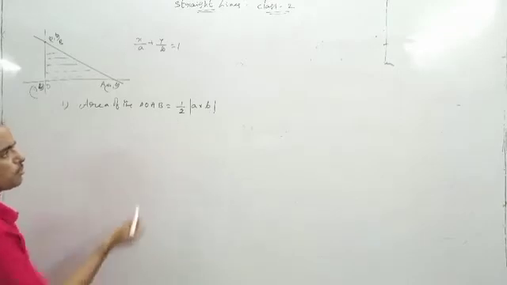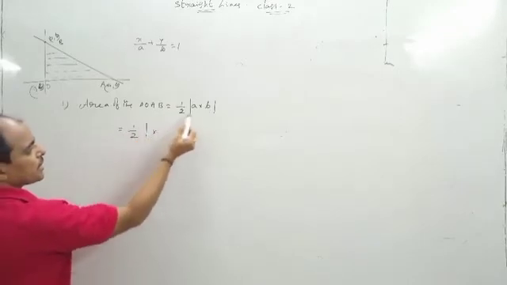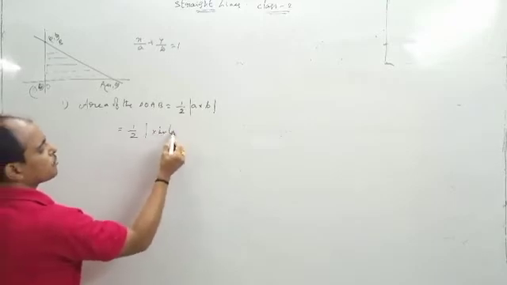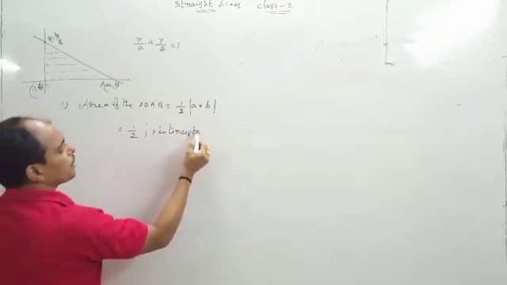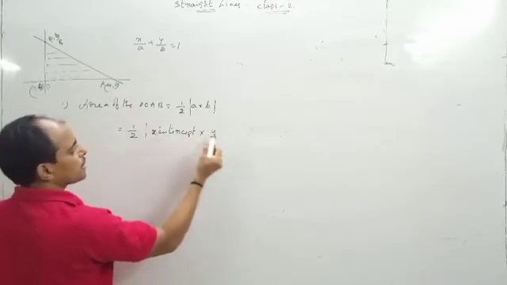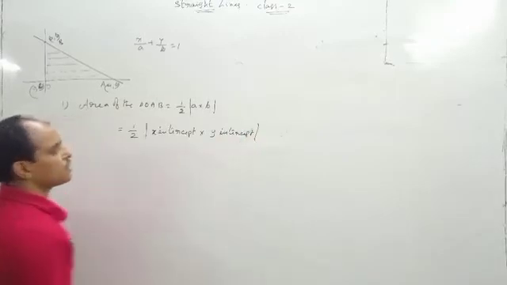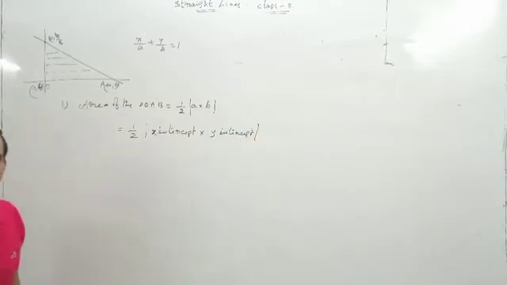Half |ab|. What is a here? Half into x intercept, x intercept into y intercept. So this is the formula to find the area of the triangle.